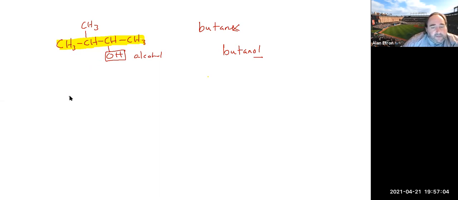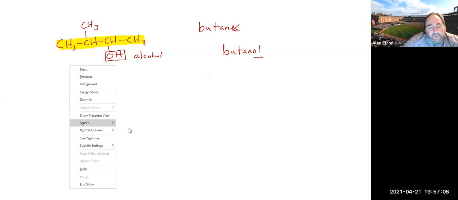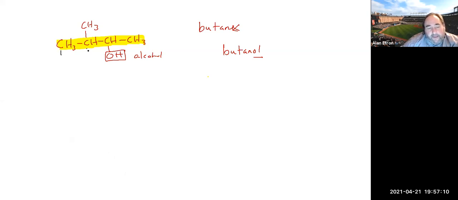So we do have 2 options in terms of which way we can number. We can number left to right, which would be 1, 2, 3, and 4. We could also number right to left, 1, 2, 3, and 4. So which way should we choose? Because this is the OH group and it is the functional group, it does get the priority here.